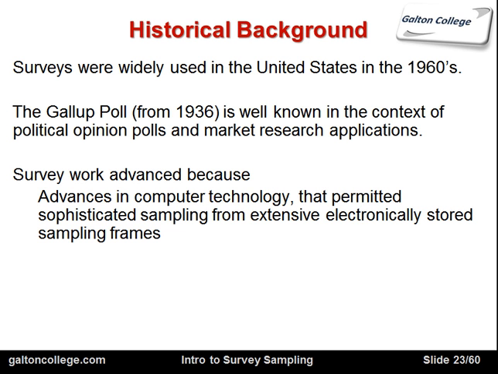Survey work advanced because of advances in computer technology that permitted sophisticated sampling from extensive electronically stored sampling frames. As we surrender more and more of our information to online companies, the sampling frames become bigger, and there's more opportunity for people working in the computer, marketing and surveying business to get access to information through databases and to conduct surveys electronically without even seeing the people face to face.